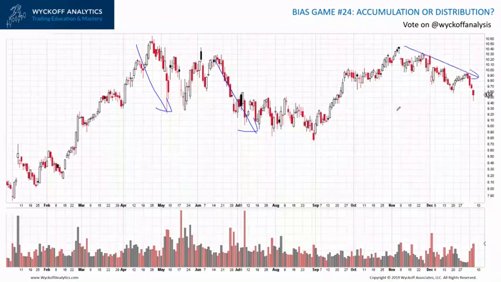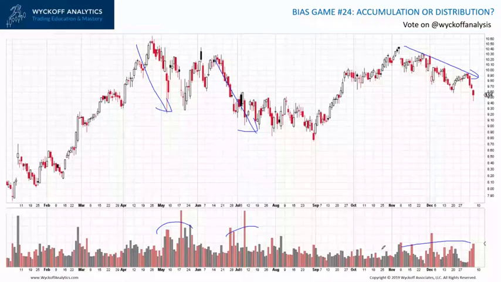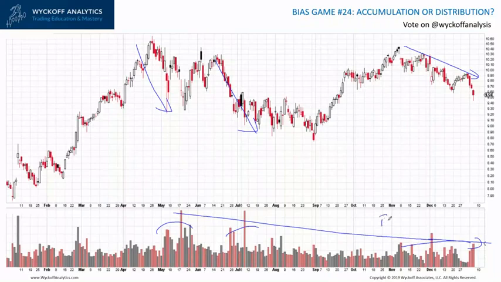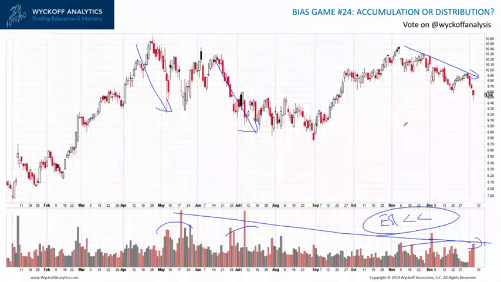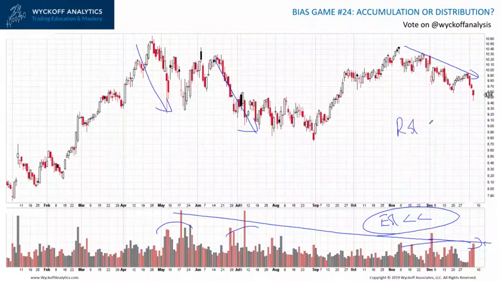If we would look at swings and would consider, let's say, the volume or the effort that it takes to move those swings to the downside, we definitely would see that the effort to the downside generally is diminishing into the third reaction. And then when we would look at the result, we would probably say that the result to the downside also diminished.